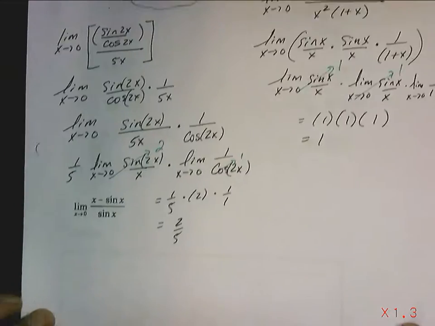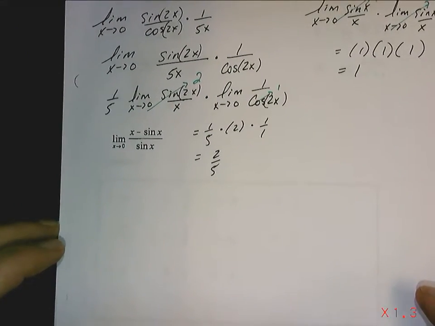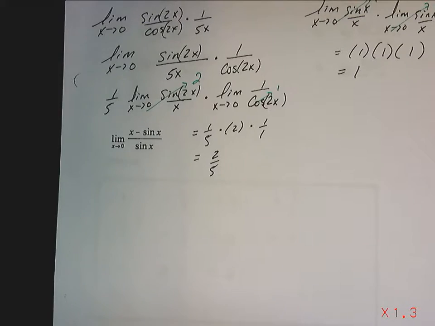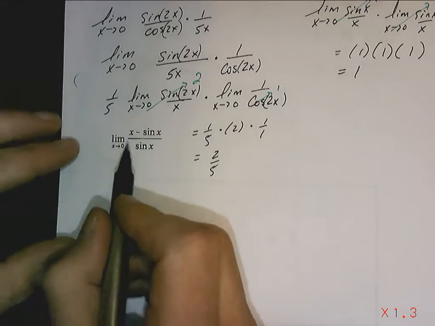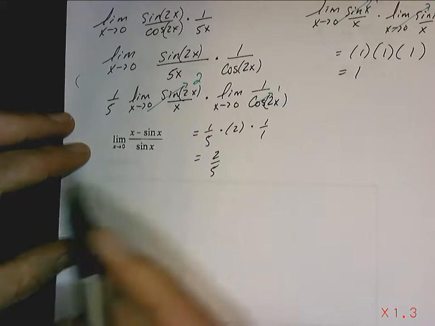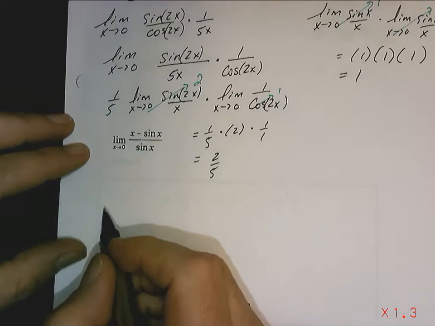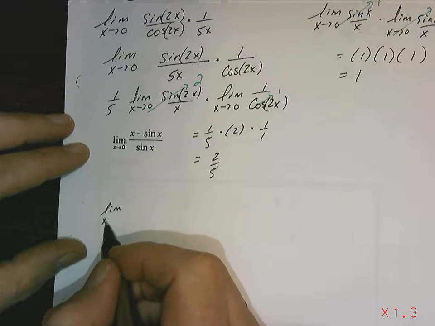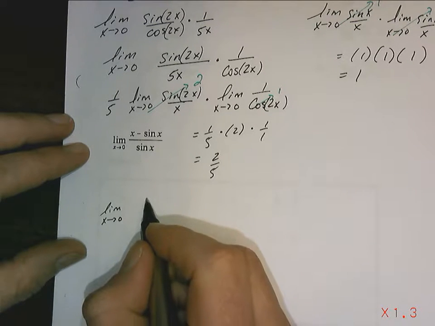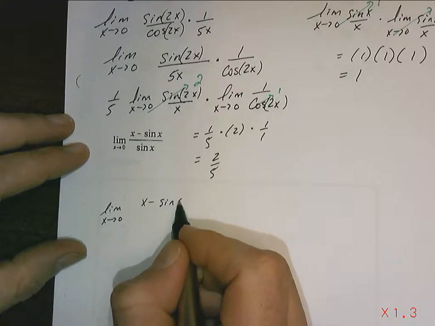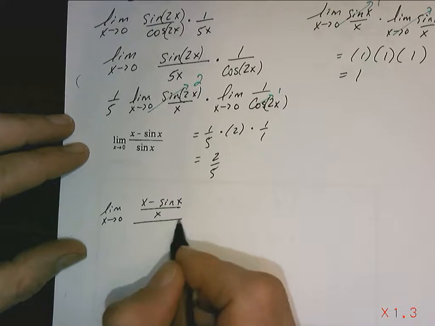Okay. And the last one. Well, I see a bunch of sine x's. I'd really like them to be sine x over x's, so what I'm going to do is divide the top by x and the bottom by x.